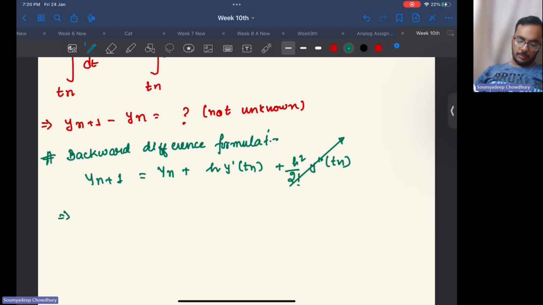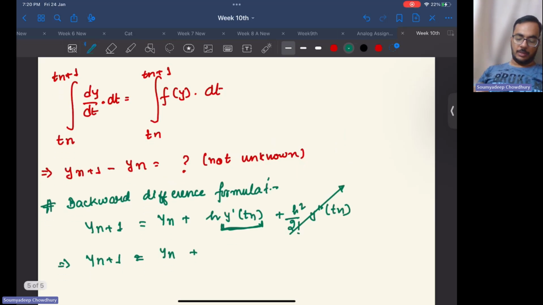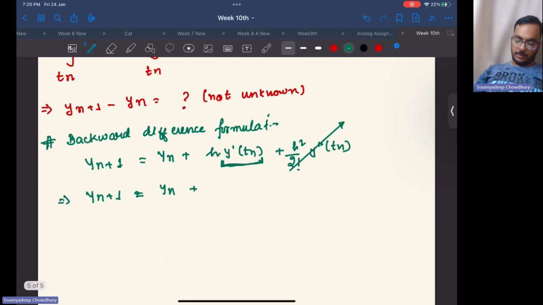so what we will get? yn plus 1 equals yn plus h into y dash of tn. This derivative function we are representing by f here, right? dy by dt was f of y, so we can write it as f of yn. So we are getting a relation here.